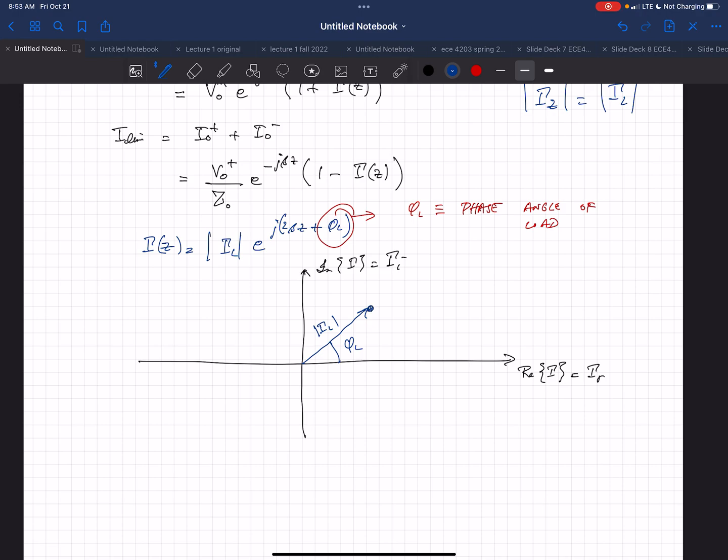At the load, in this drawing of the reflection coefficient in this complex plane, I'm going to be here.